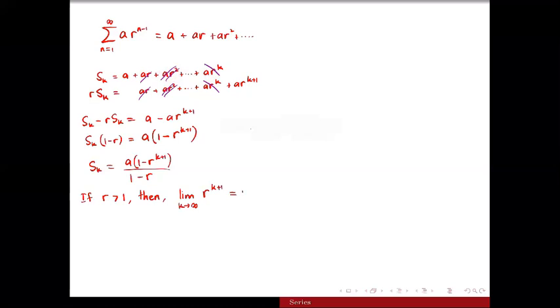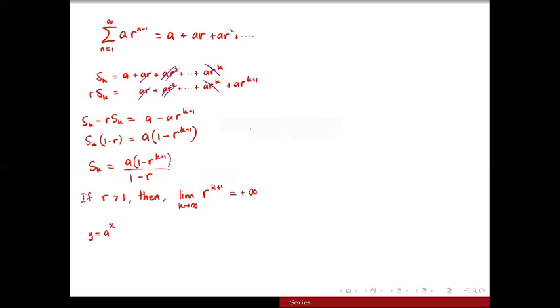This will go to plus infinity. Why? This is just exponential. You can think of this as your function y equals a to the x.